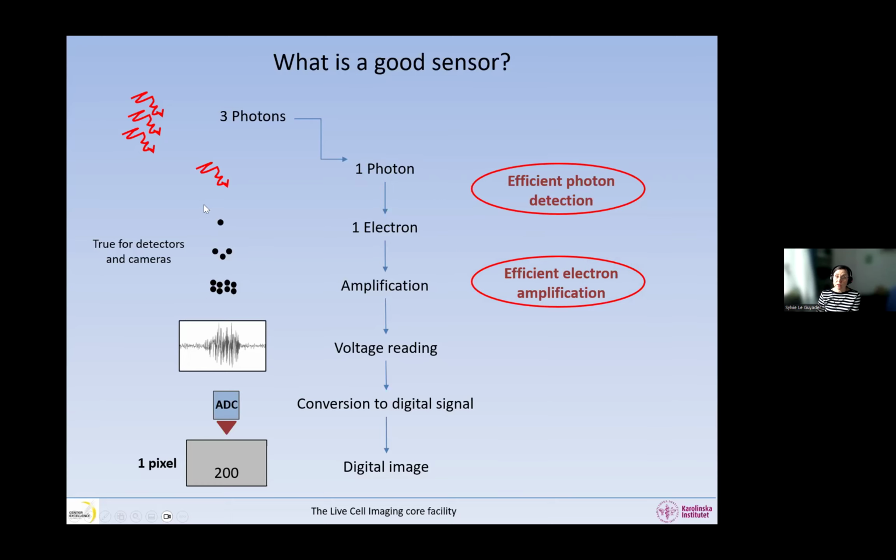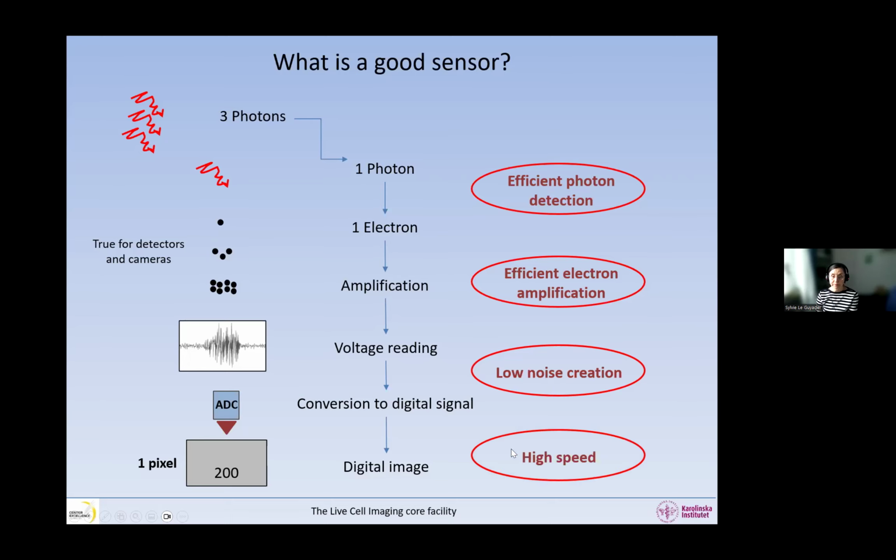We would also like to have an efficient electron amplification in this process. And in the process of amplifying and reading and everything, we would like no noise to be created. So low noise creation. And we want all this to happen at super fast speed. This is a good sensor.